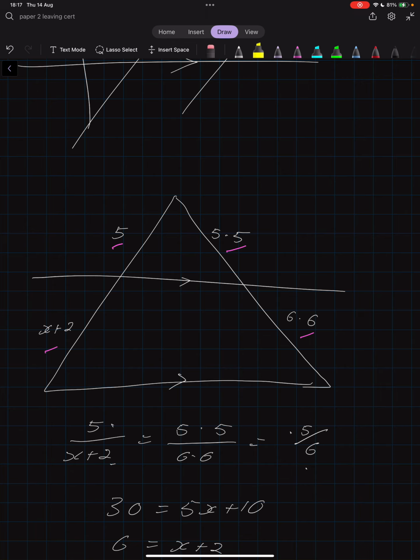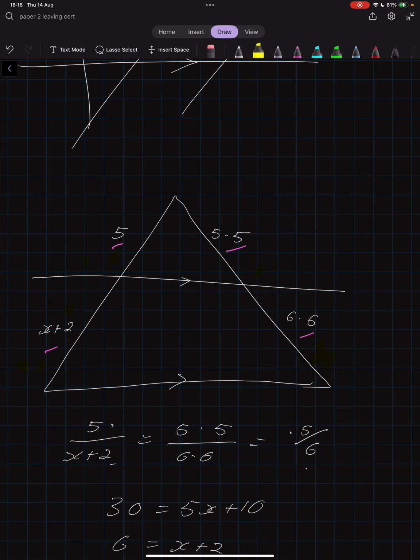You could also do this divided by this is equal to this divided by this. You could have done either way, as long as you're consistent. If you do bottom divided by top, you have to equal it to bottom divided by top. You can't switch, so I can't do this divided by this is equal to this divided by this. Because if the bottom ones are bigger, then they need to be kind of similar, if that makes sense.